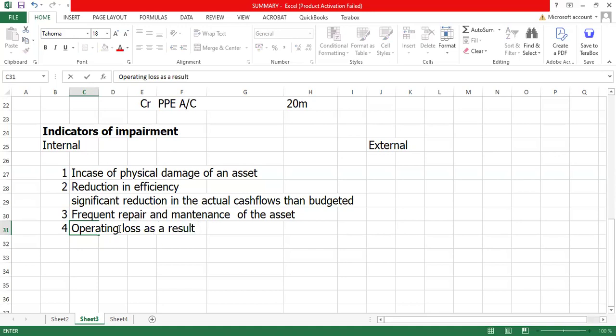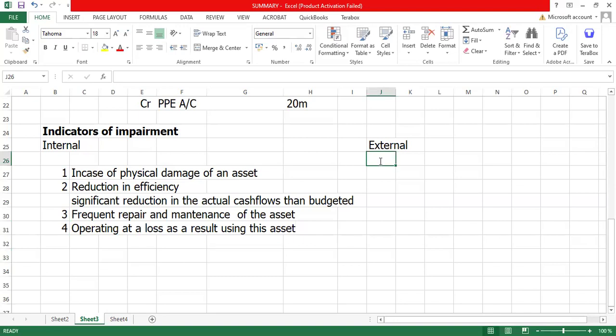Operating at a loss as a result of using the asset. Okay. Then external factors.